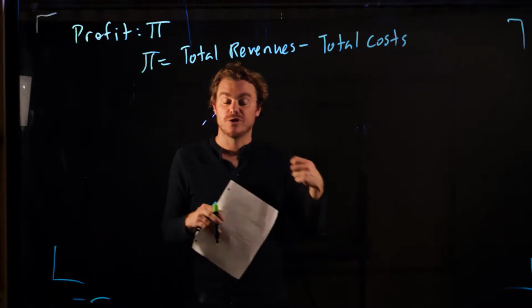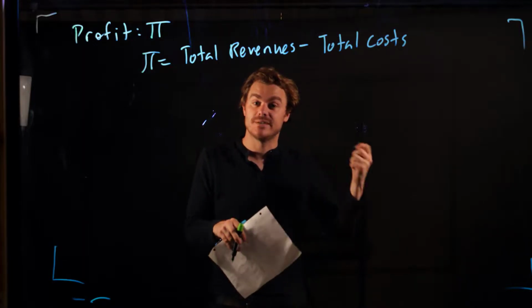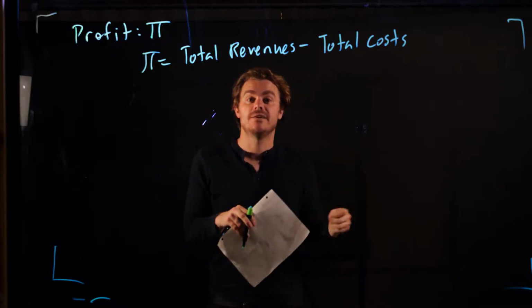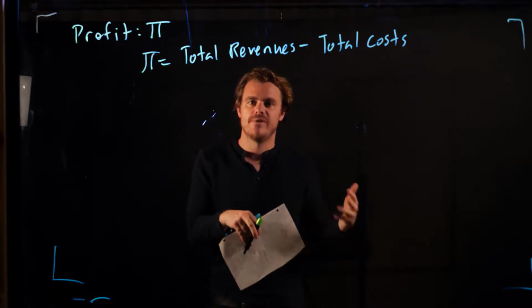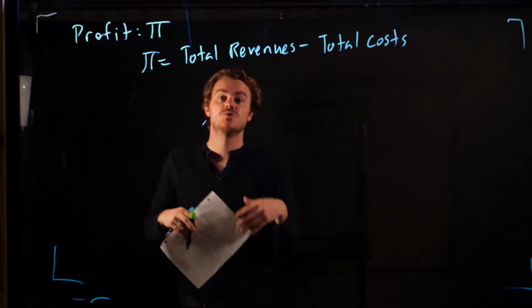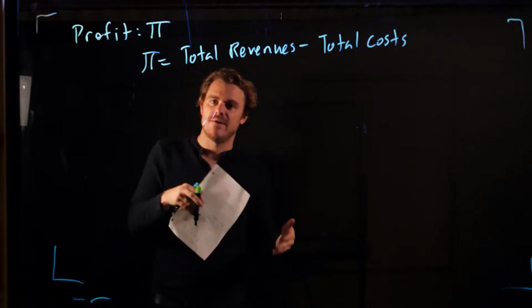And think about a firm that can produce many different types of goods and that uses many different types of inputs. Then as we go on, we're going to simplify things by maybe looking at firms that just produce one output and maybe have one or two inputs.